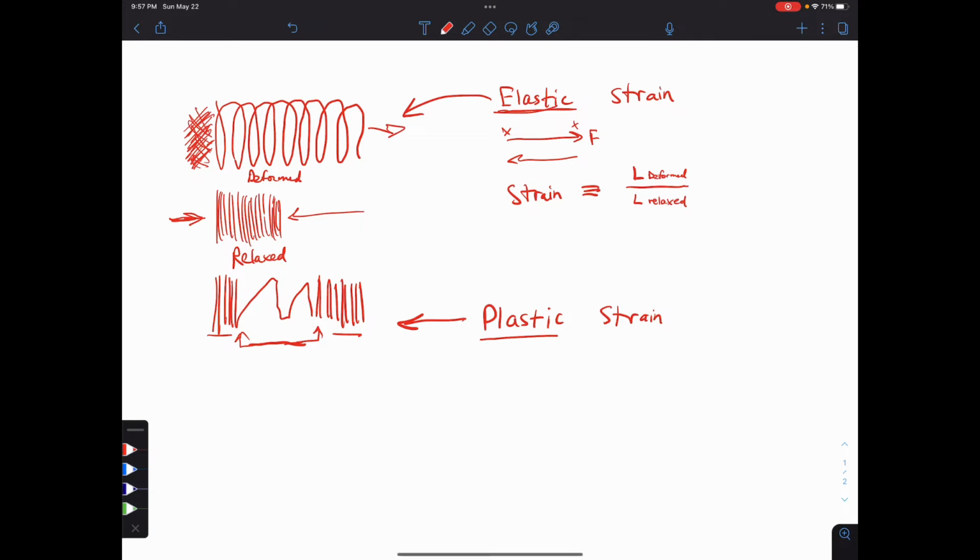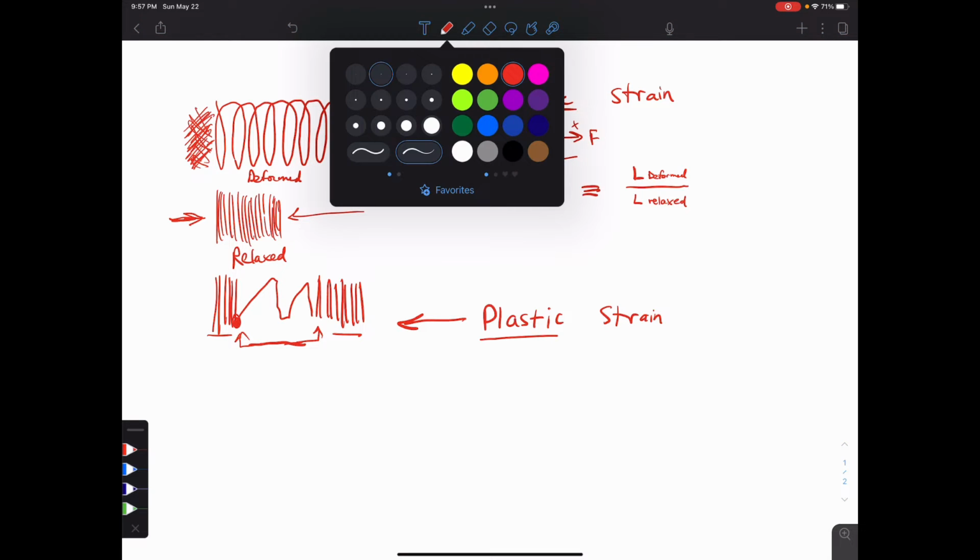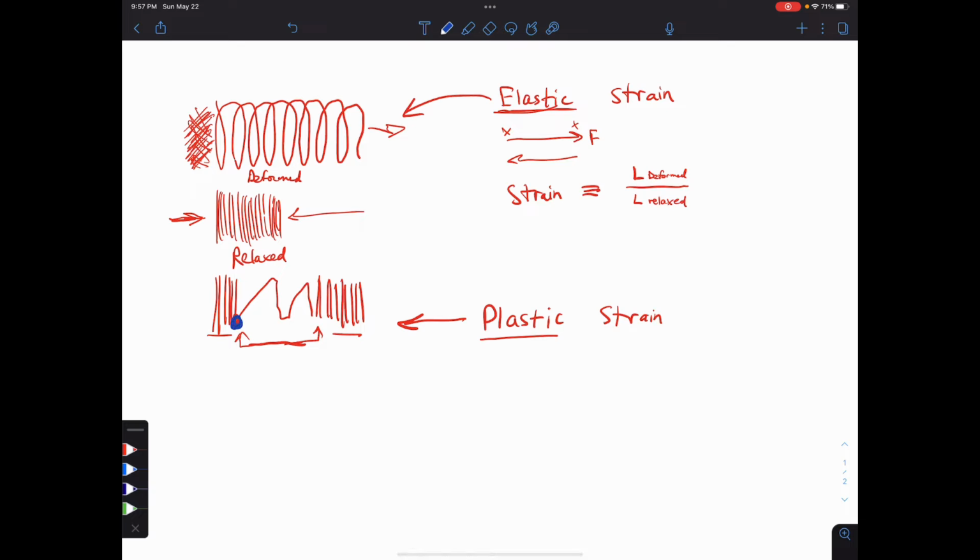And what happened to the slinky here is that little sister or brother pulled so hard from this point here and this point here that the slinky was strained beyond the elastic region and into the plastic region.